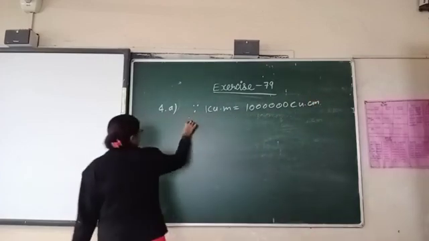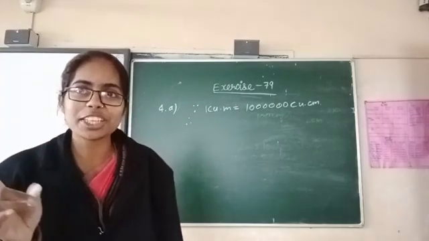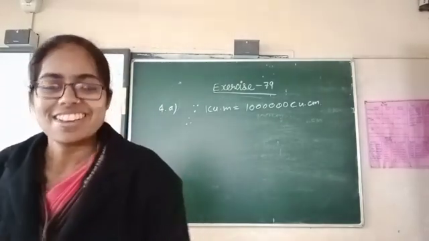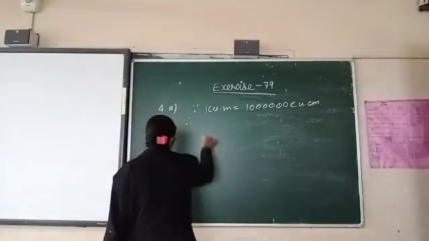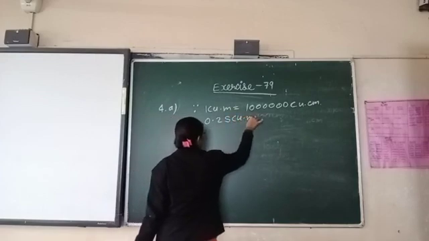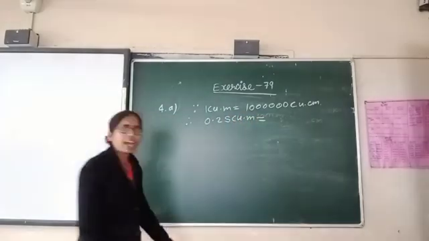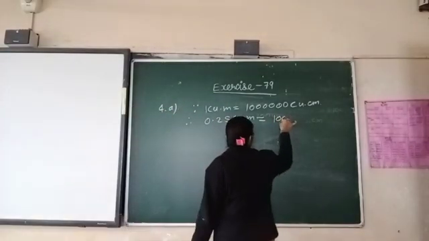I am not writing the question on the board. You have to write it from the book. Now we have to move to 0.25 cubic meter. For this, what do we have to do? We have to multiply by 0.25.